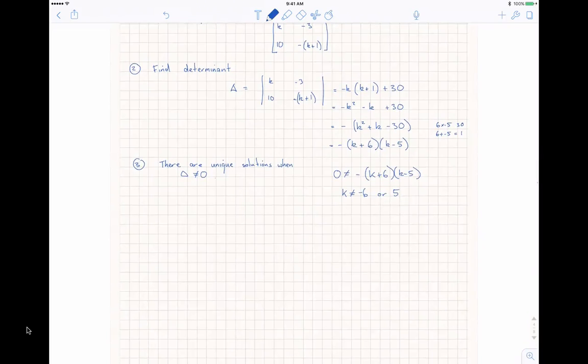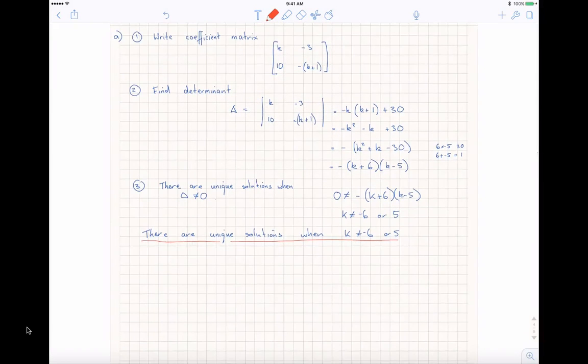So there are unique solutions when k does not equal minus 6 or 5. So that's our answer to part A.